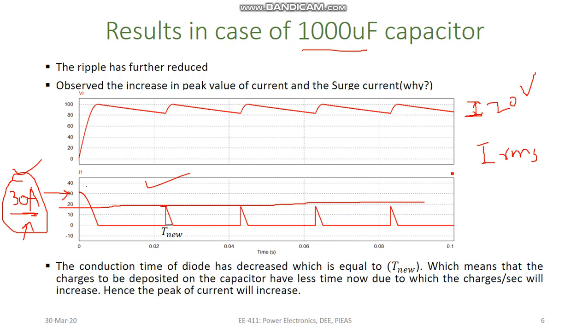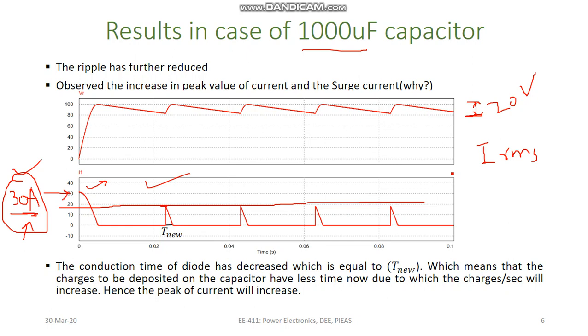The very first peak that will come will damage our diode. So it is necessary and recommended that we also take this value into our consideration.